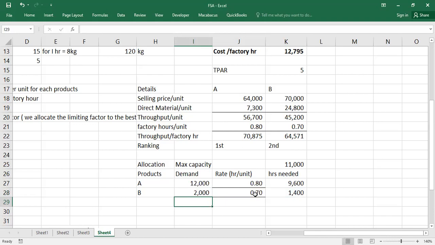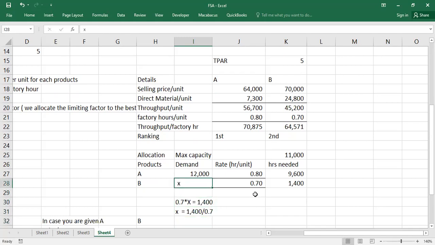Okay, 2,000. If this is disturbing, you can always put an X there. You say X. Okay, so you say 0.7 times X should give me 1,400. When you make X the subject, you will see clearly that X is equal to 1,400 divided by 0.7.